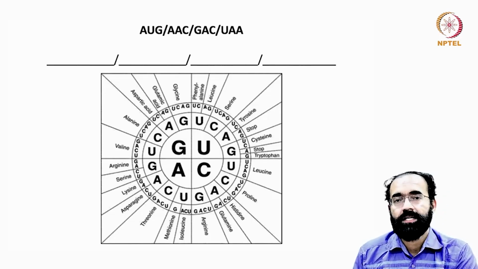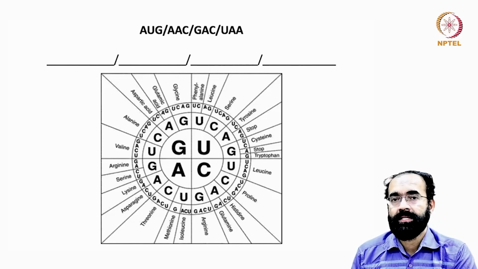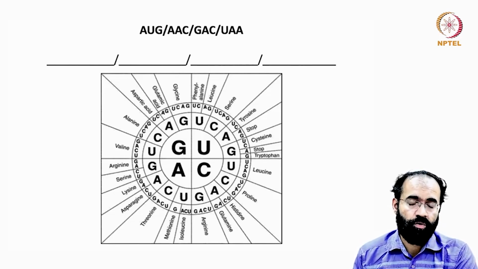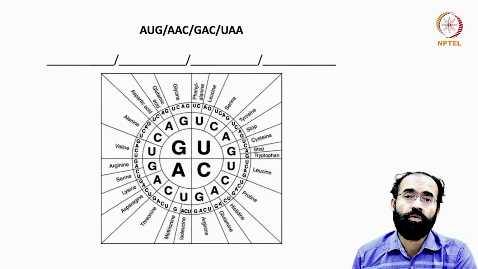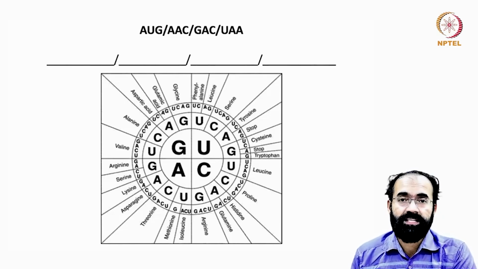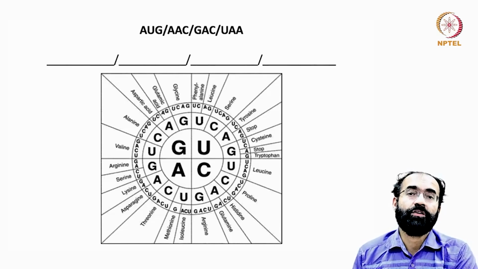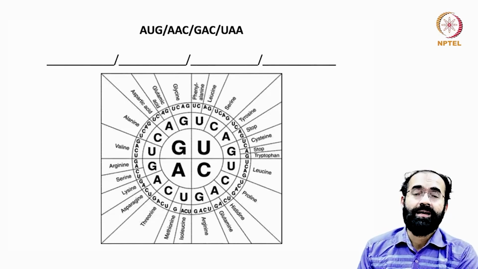Certain set means those codons ending with A or U are preferred in plants, whereas in animals the codons ending, I mean the third base of the codon (A, B, C, 3 bases are there), ending with G or C are preferred. This doesn't mean that plants don't have codons ending with G or C, or that animals don't have codons ending with A or U. Both are there. We are talking about preference.